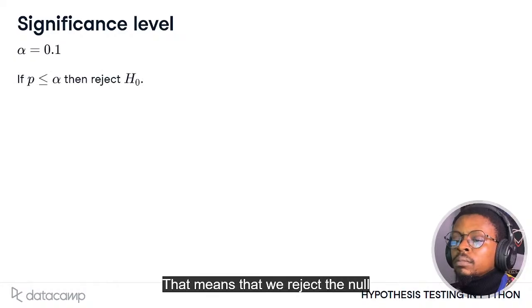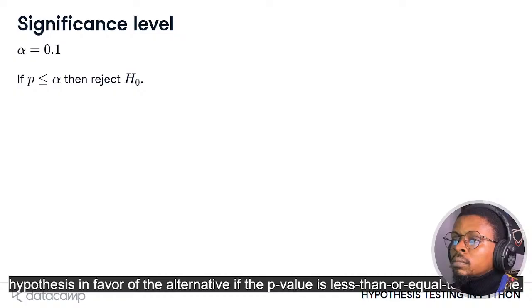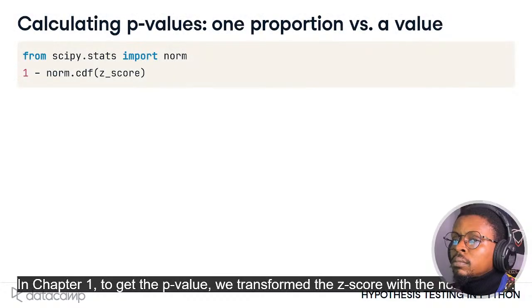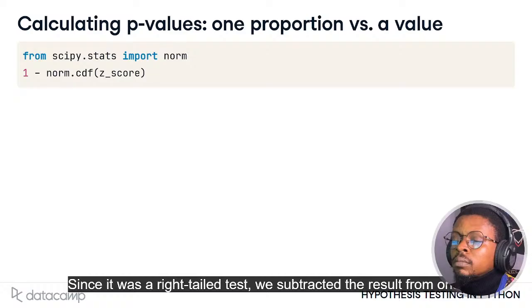That means that we reject the null hypothesis in favour of the alternative if the p-value is less than or equal to 0.1. In Chapter 1, to get the p-value, we transformed the z-score with the normal CDF. Since it was a right-tailed test, we subtracted the result from 1.